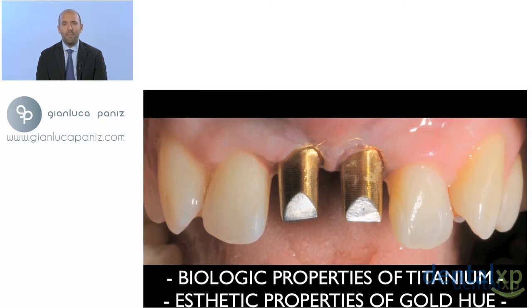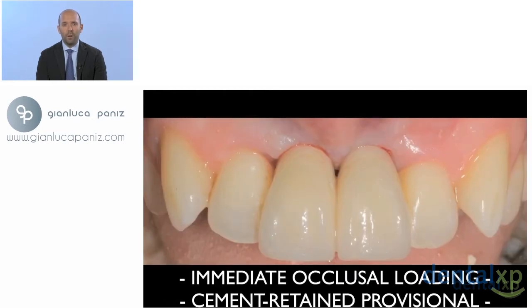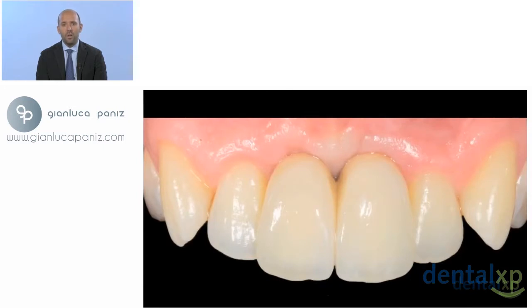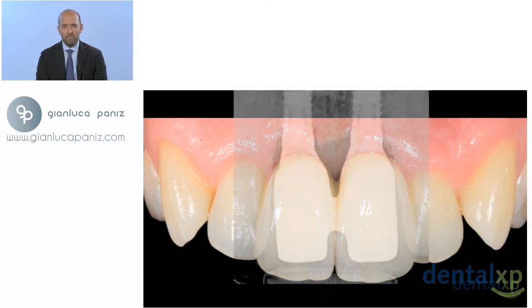That is immediate provisionalization, but we don't consider it immediate loading since we don't load this implant for the first couple of months. And this is the final result, with nice aesthetics and good integration between the implants and the peri-implant bone.